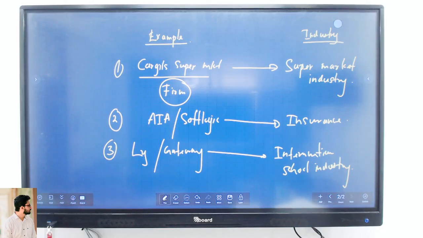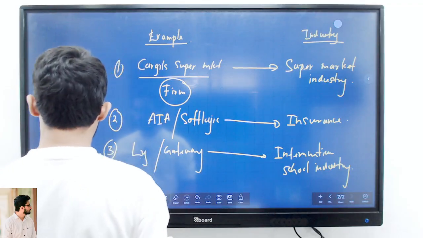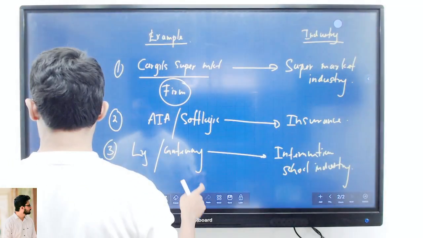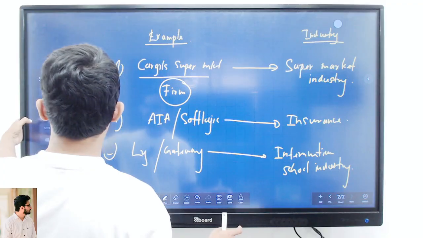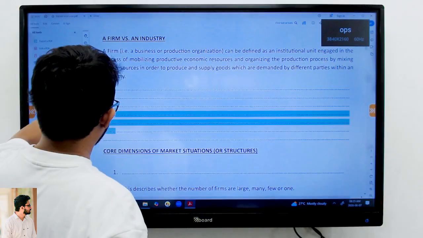Four dimensions. What is meant by dimension? I'm talking about the next topic. Look at the point.